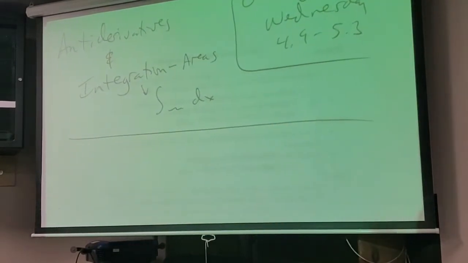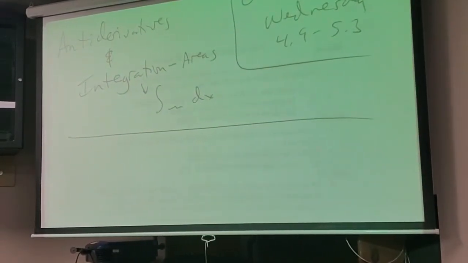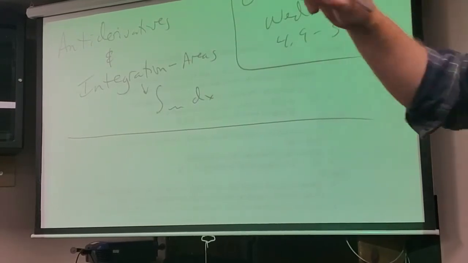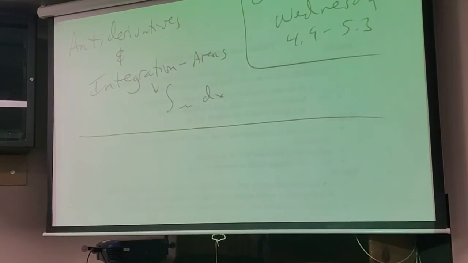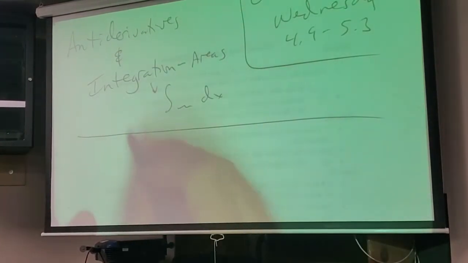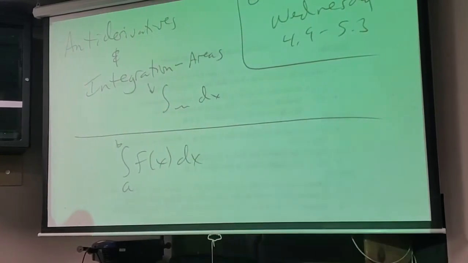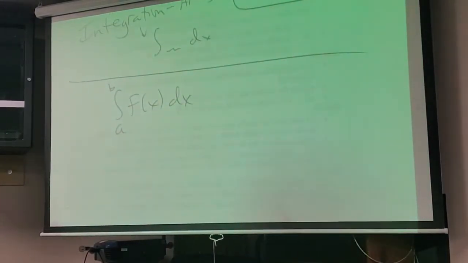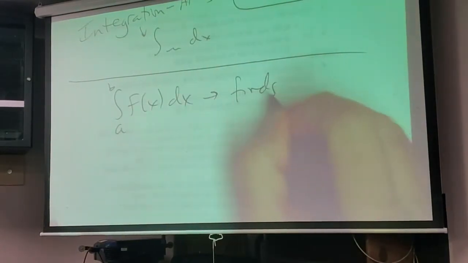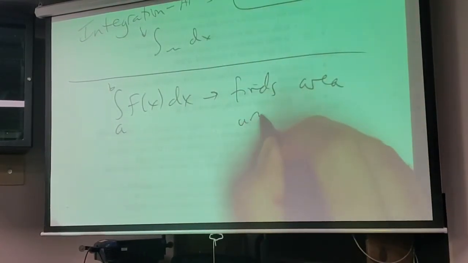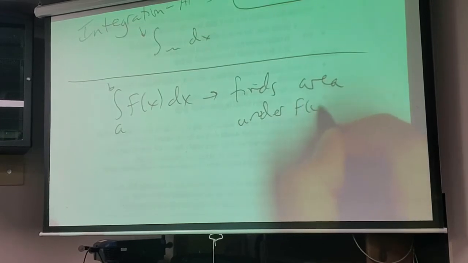So the very first thing we got to do is we're going to create a new function based on a process that we know. Can somebody tell me, what does this process do for a function? Finds the area. Where? Under f, between a and b.